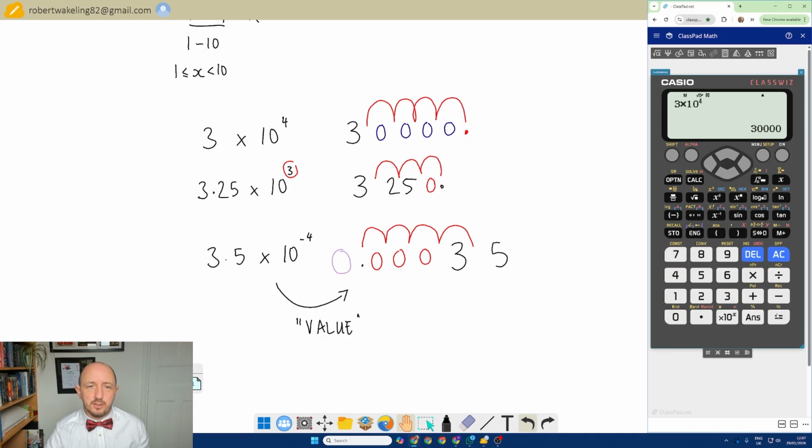The calculator will do that for us. Okay, the problem we have is with very, very large numbers and very small numbers, the calculator will keep it in standard form because it doesn't have enough digits. Okay, so sometimes you do need to be able to do this process if the calculator doesn't cope with it, or if you're in a non-calculator paper, you would definitely need to be able to do this. So you kind of have to learn it.